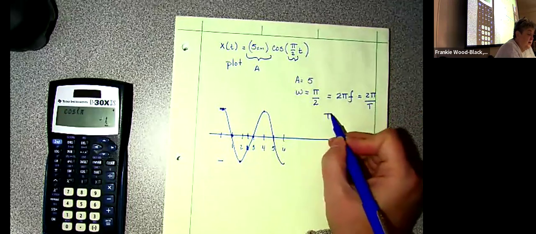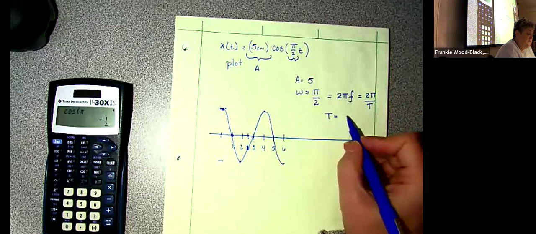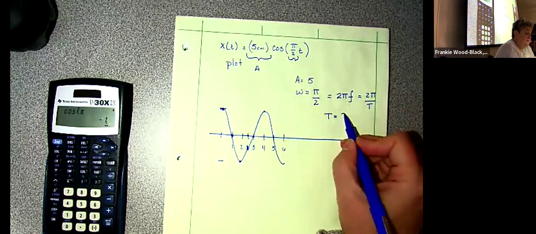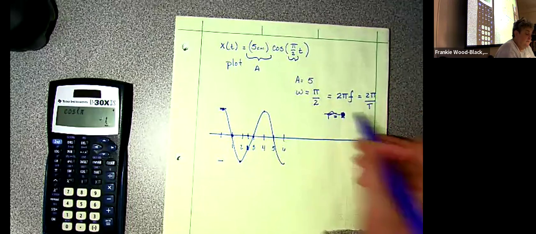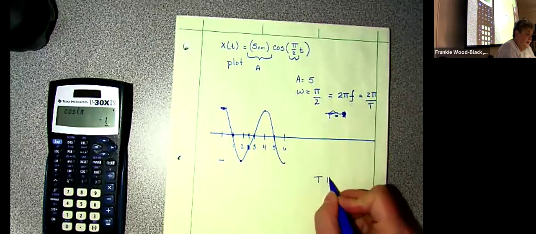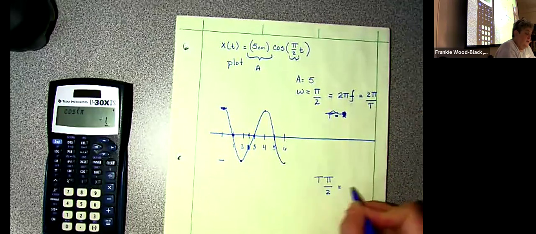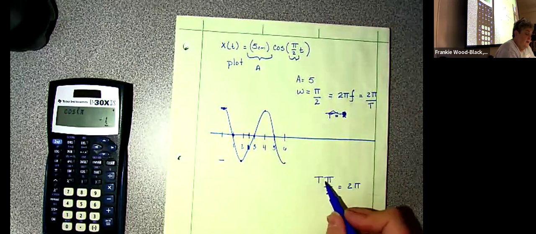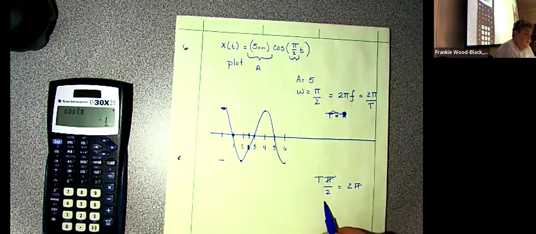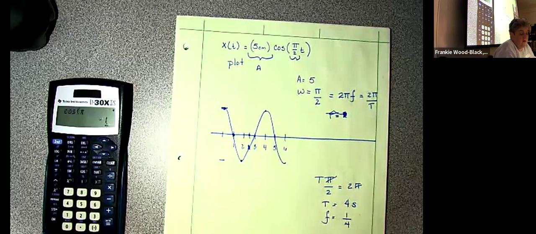So I can find the period. Good. So I get T pi divided by 2 is equal to 2 pi. Pi's will cancel out. So T is equal to 4 seconds. And then the frequency is 1 over T, so it's 1 over 4, or it's going to be 0.25 hertz.